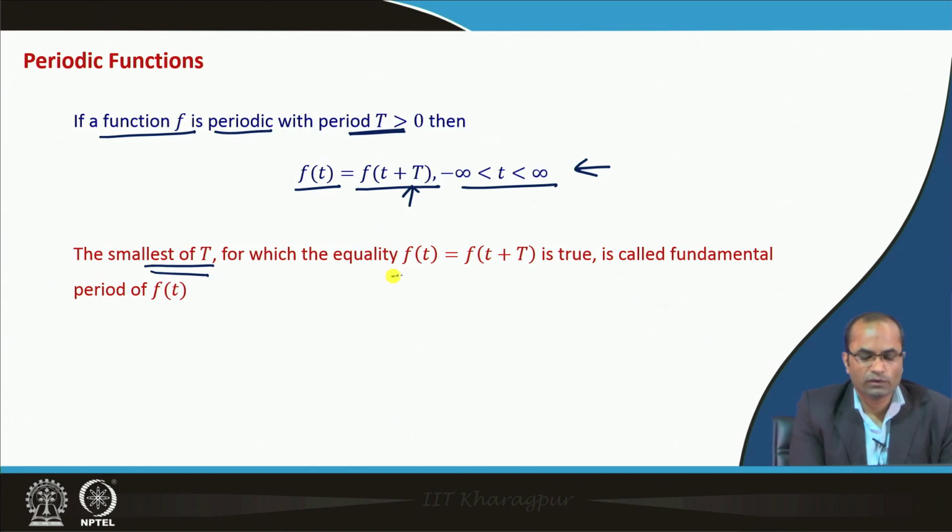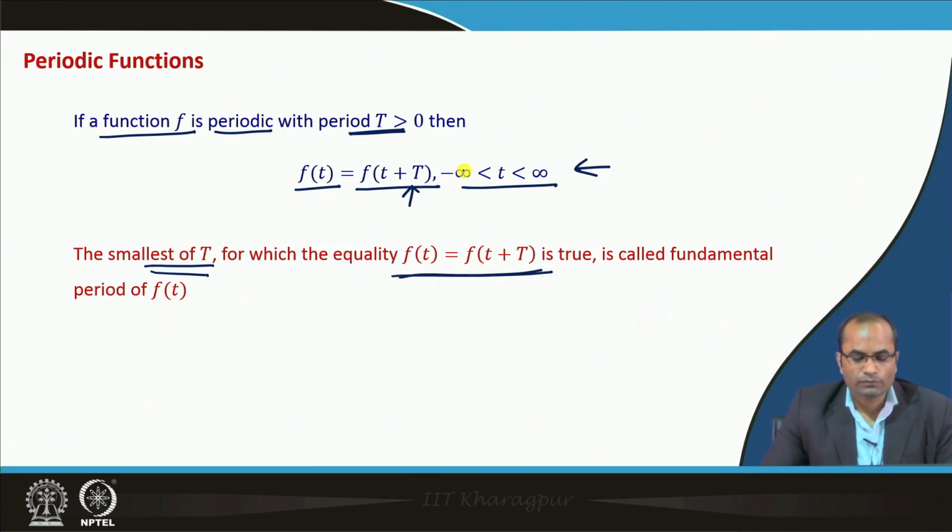for which this equality holds. We will observe later that once we find some capital T such that this property holds, then 2T or 3T, any integer multiple of this T, will also work and this property will be true.